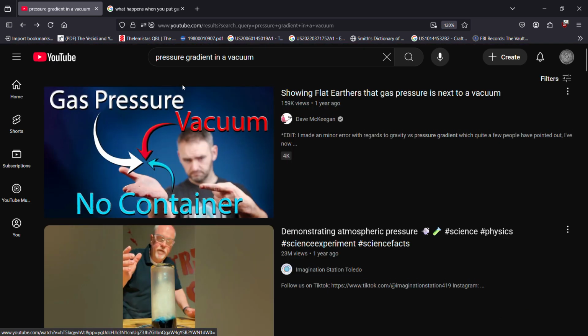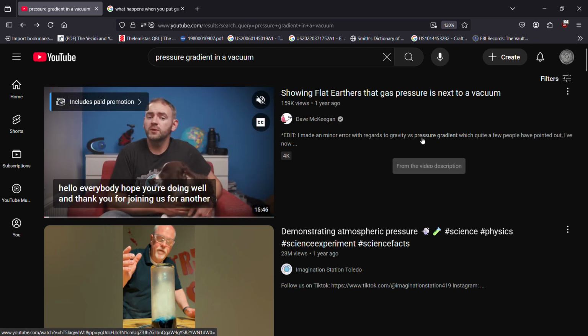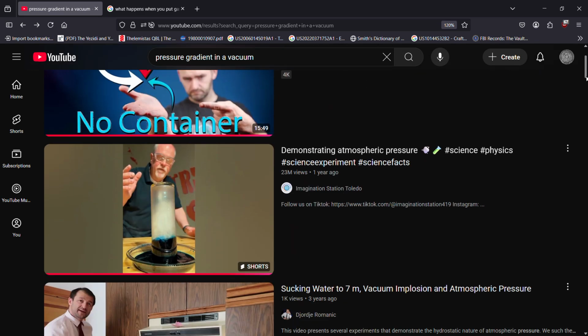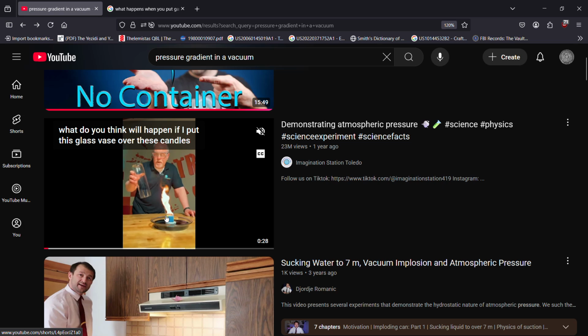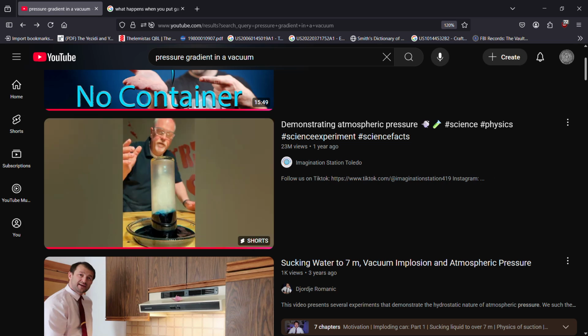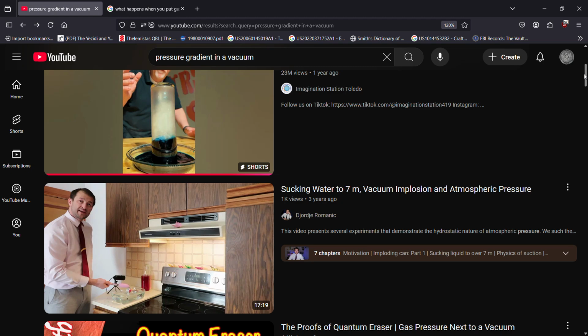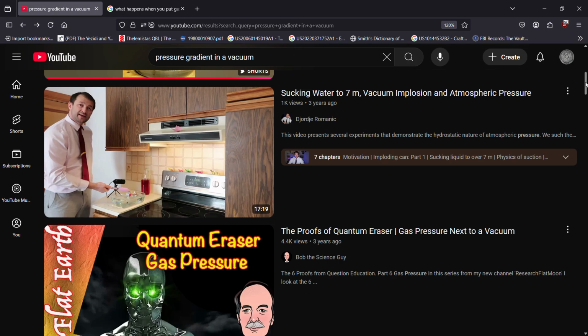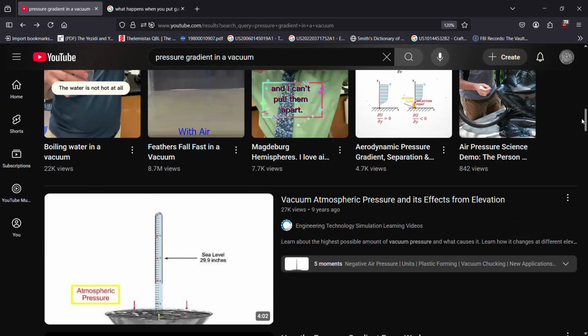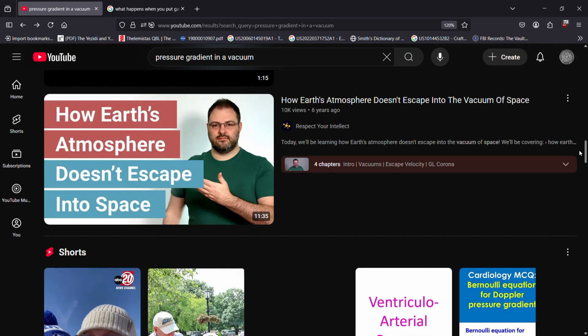The funny thing is that all I did was type in pressure gradient in a vacuum, and that's the first one that I came up with. Okay, so let's continue. This one is just an individual showing what happens when you remove a container and how pressure moves up. Not relevant, particularly to this discussion. Crucible quantum eraser, no. Vacuum atmospheric pressure and its effects from elevation.